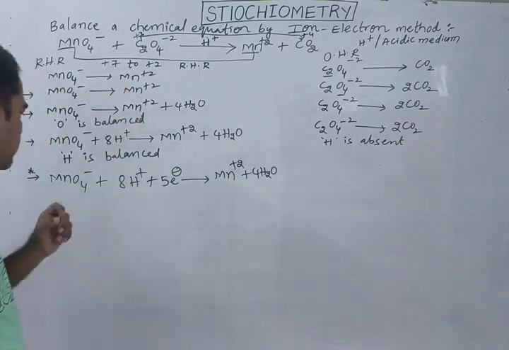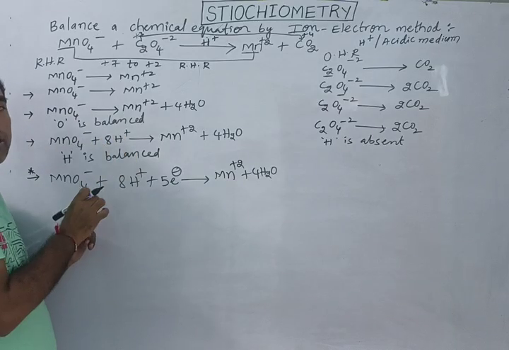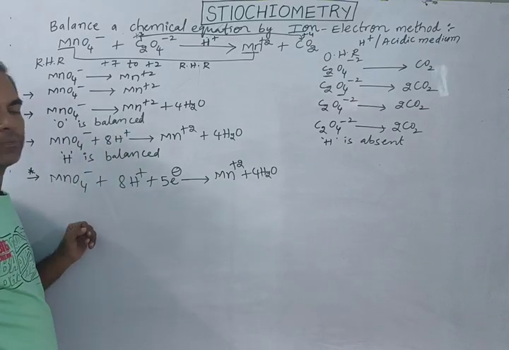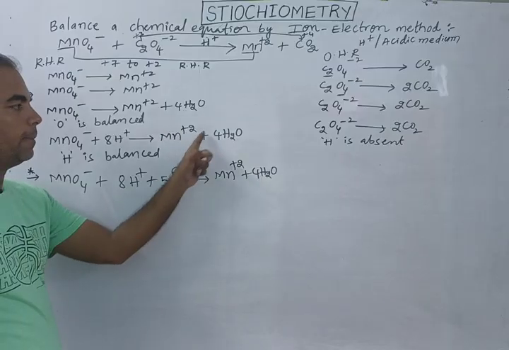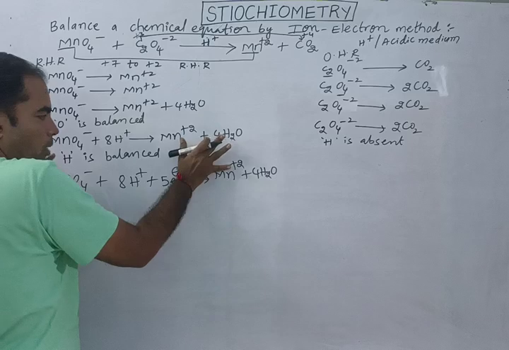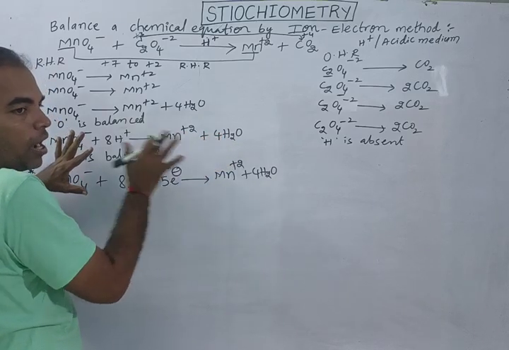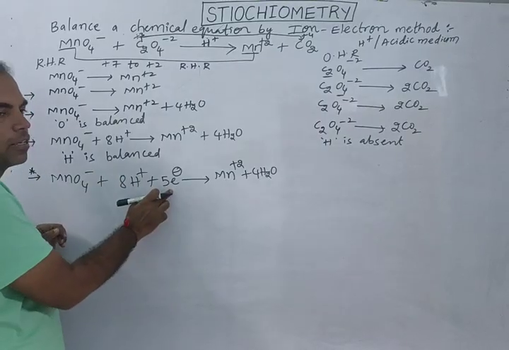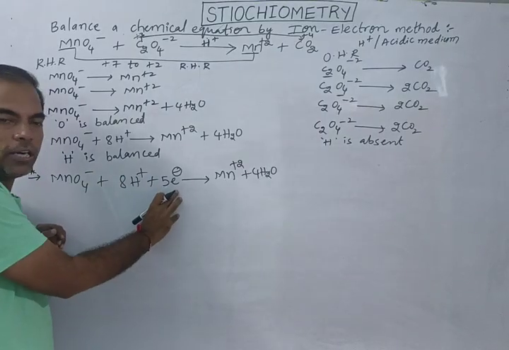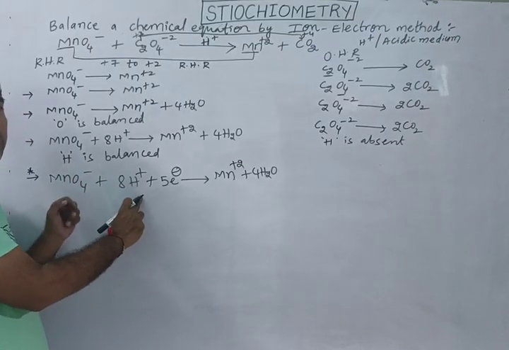Once again, listen here. 8 positive ions, 1 negative ion. Total net charge is plus 7. But on the right side, plus 2 charge is present. To balance the plus 7 against plus 2, how many electrons are added? On the left side, 5 electrons. Why? Because 5 negative charges, 8 positive charges, 1 negative charge.